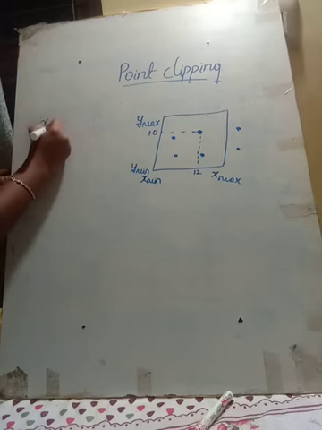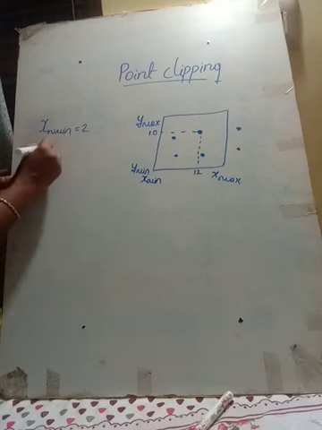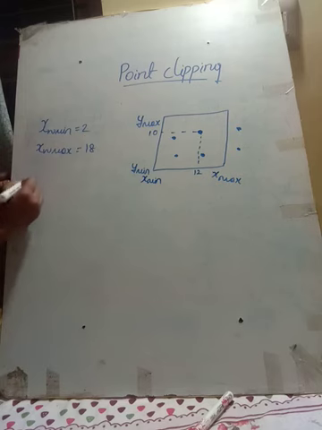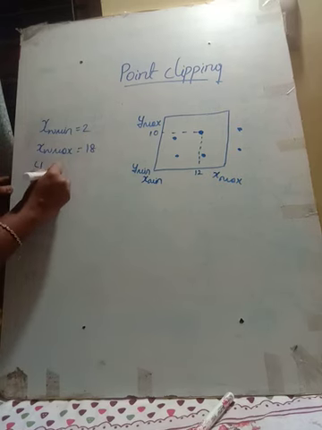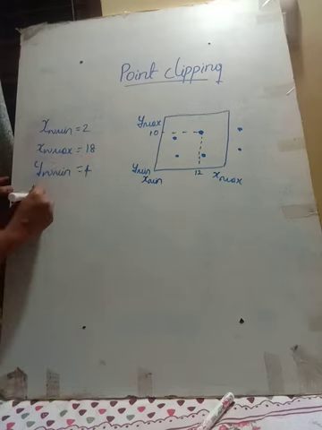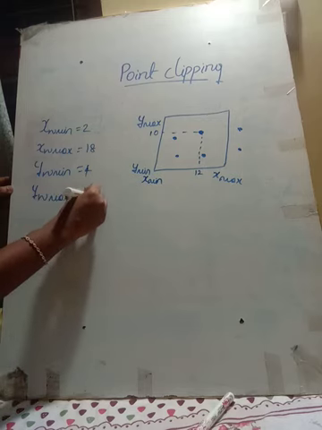The coordinate values are xw minimum is equal to, we'll start from 2, xw maximum is equal to, we'll take 18, yw minimum is equal to 4, yw maximum is equal to 16.